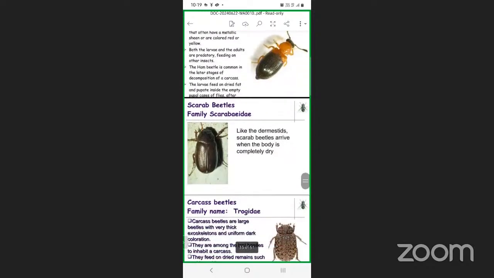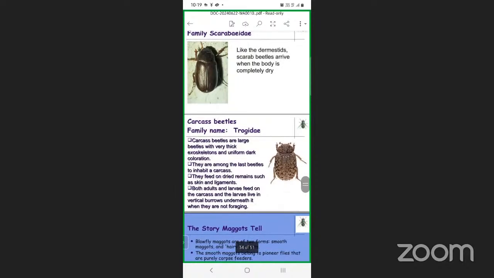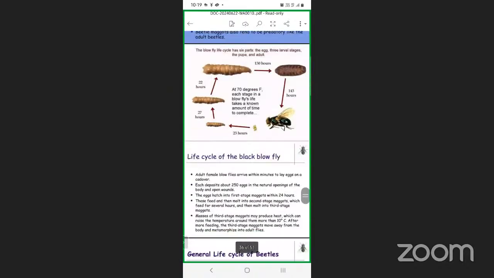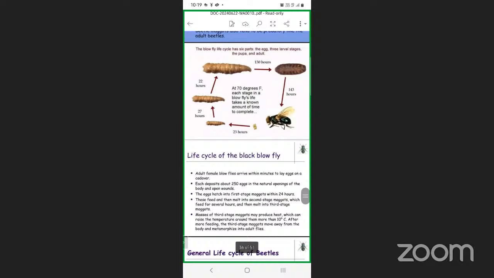They also have a completely dry structure.